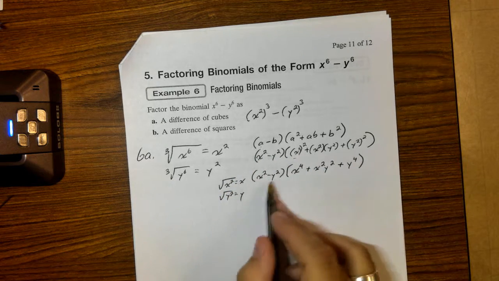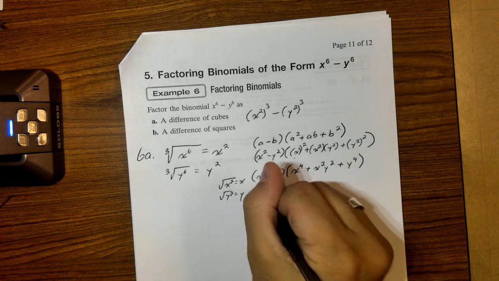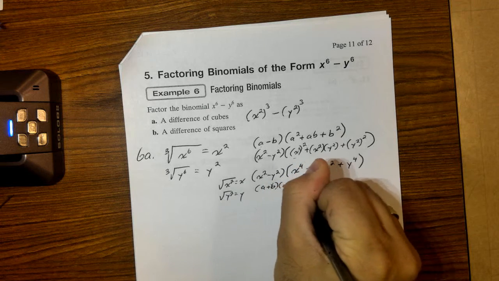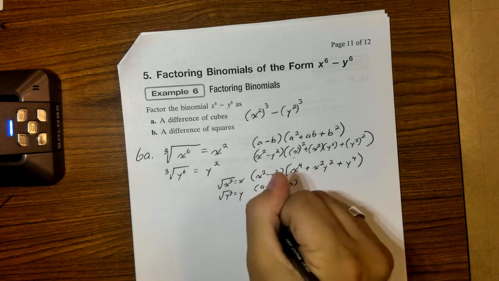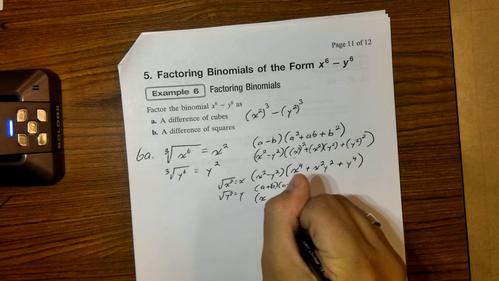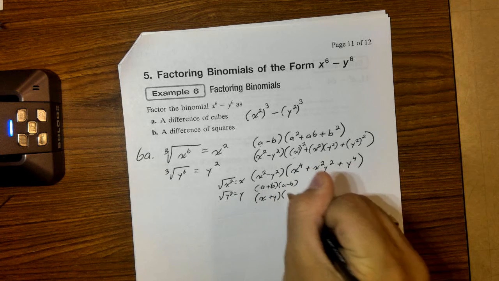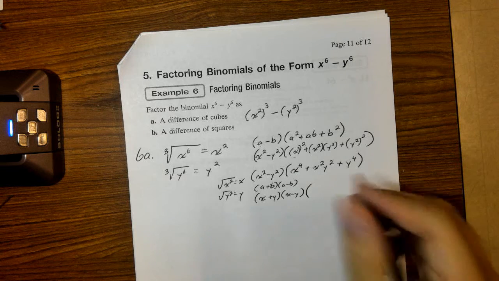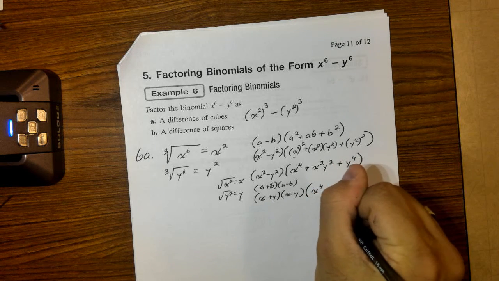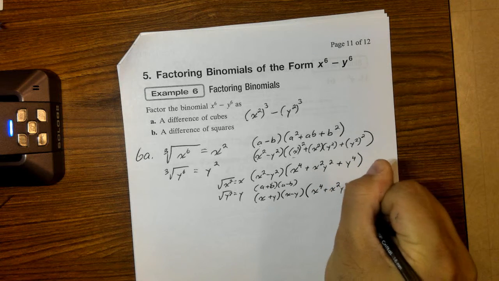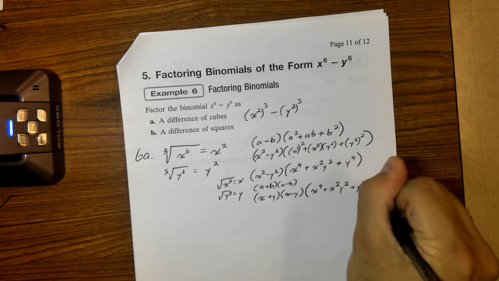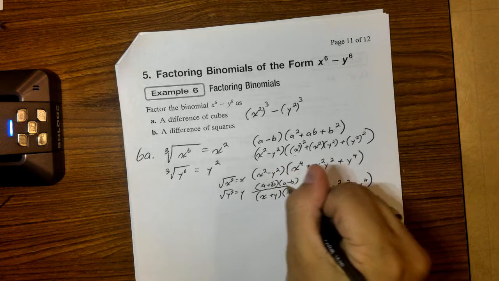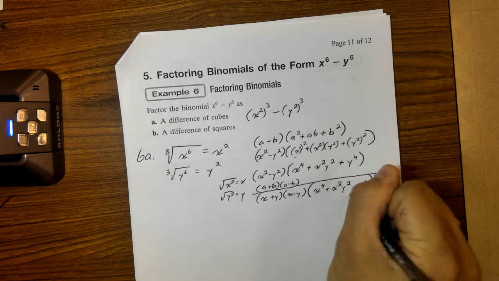And so this is going to be factored into the a plus b times a minus b form, and so it just turns into x plus y times x minus y, and then we still need to bring in the second factor of x to the 4th plus x squared y squared plus y to the 4th. And that's going to be our final answer for example 6a.